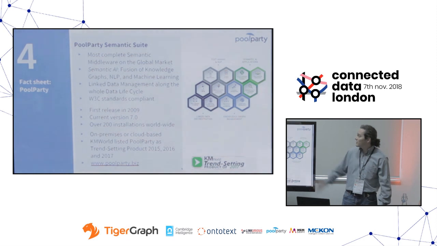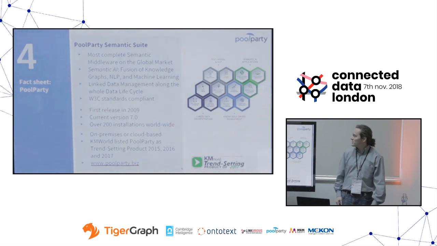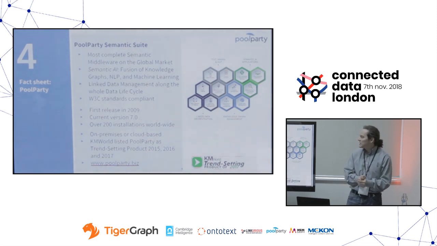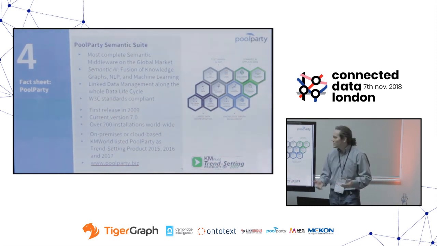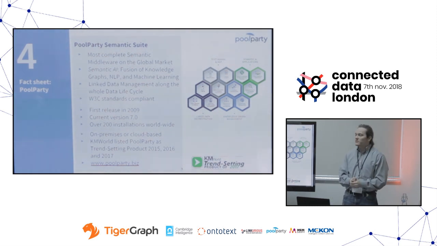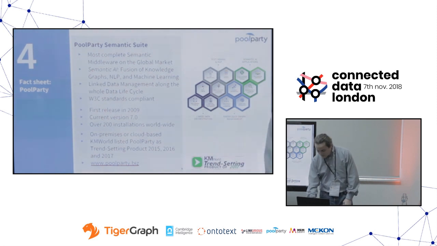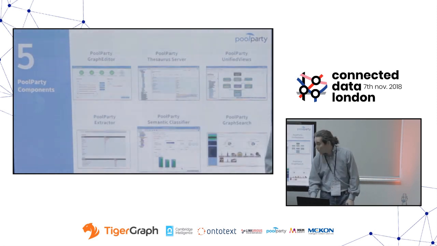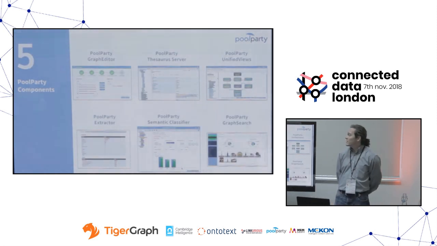Our product, PoolParty Semantic Suite, supports a lot of different functionalities and use cases based on semantic web, semantic AI, graph-based data management, NLP, machine learning, search applications, and a lot of integrations. And we have several components in this semantic suite.